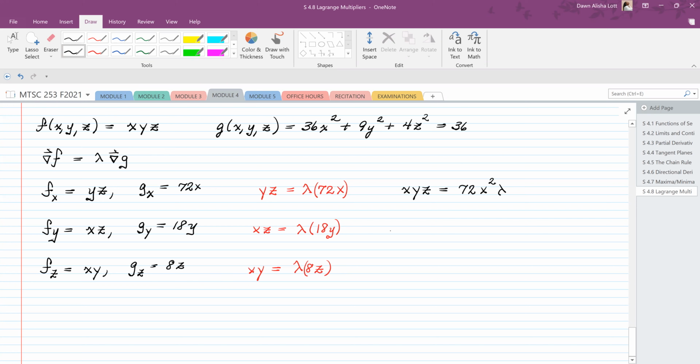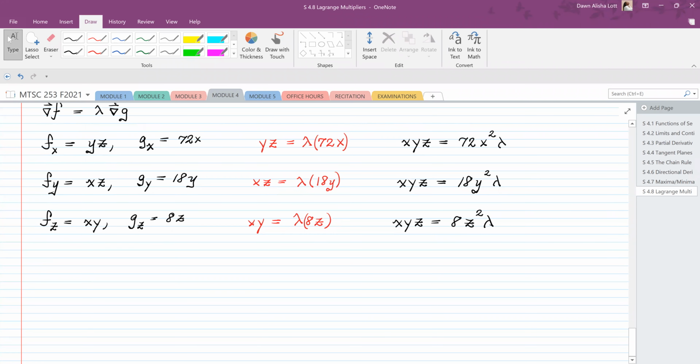And then if I multiply by Y, I get XYZ is equal to 18 times Y squared times lambda. And if I multiply by Z, I get XYZ is equal to 8z squared lambda.